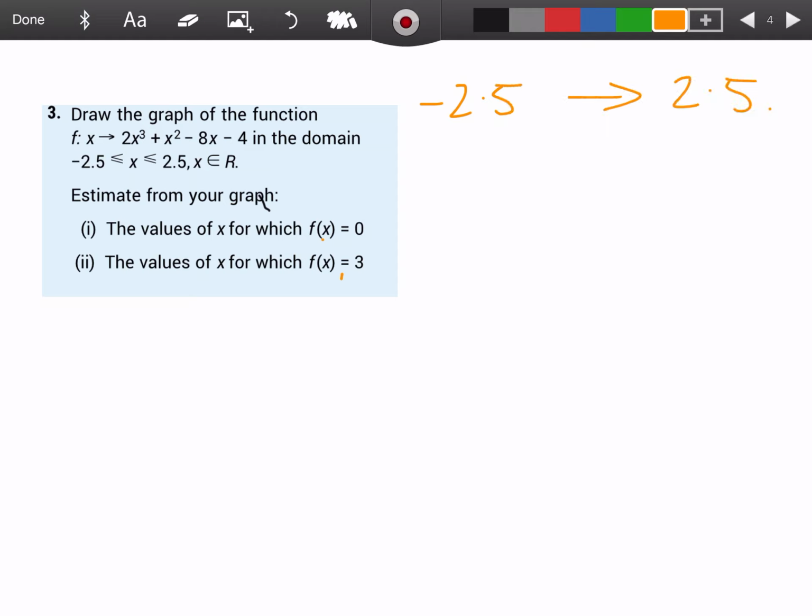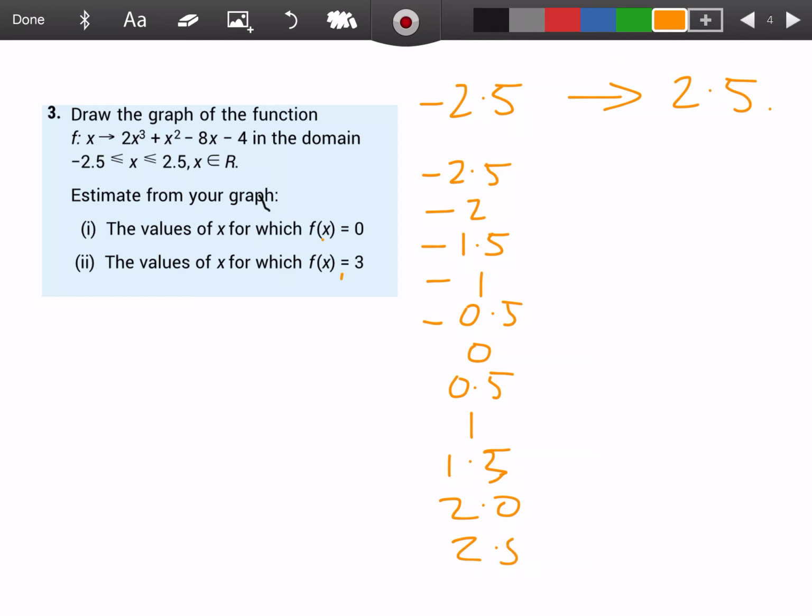So what I would suggest you do is that you get values for minus 2.5, minus 2, minus 1.5, minus 1, minus 0.5, 0, 0.5, 1, 1.5, 2, and 2.5.